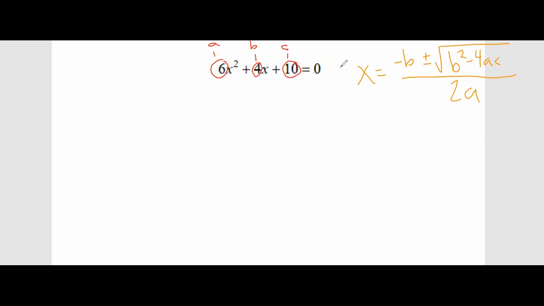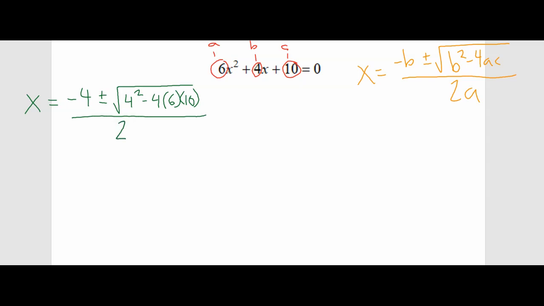Okay, so I'm going to start substituting. I get x is equal to negative b, so negative 4, plus or minus the square root of b squared, so 4 squared, minus 4 times a, which is 6, times c, which is 10, all over 2 times a, which is 6.